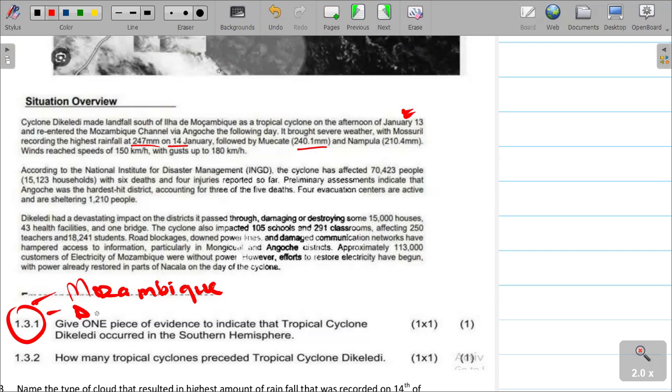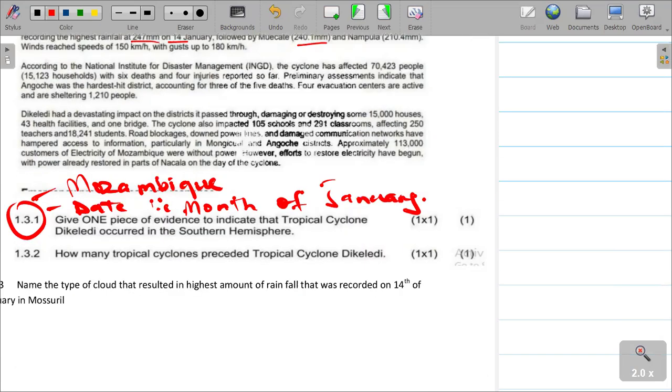Also, the month of January given there. We identified that we are talking about the southern hemisphere.